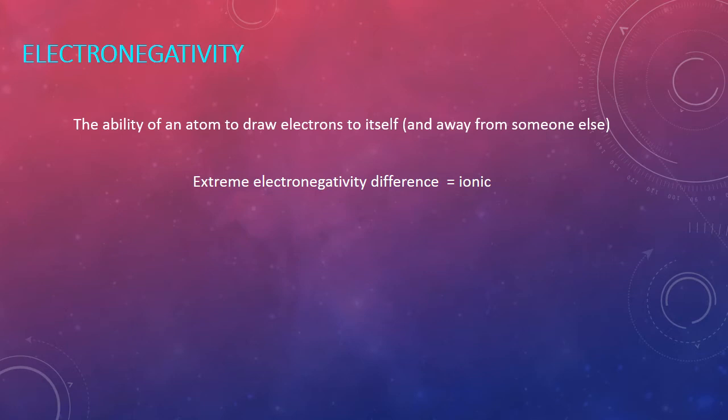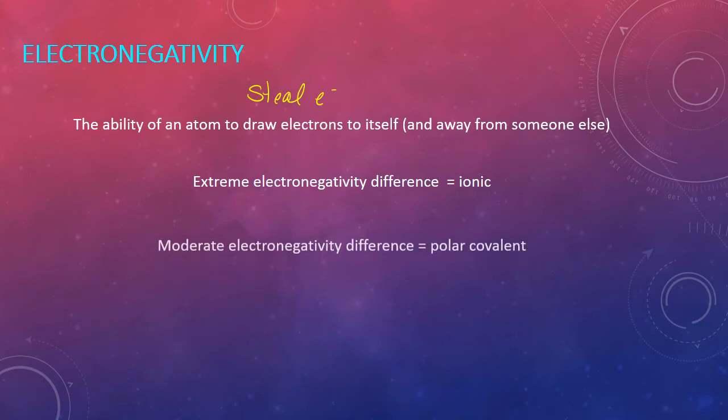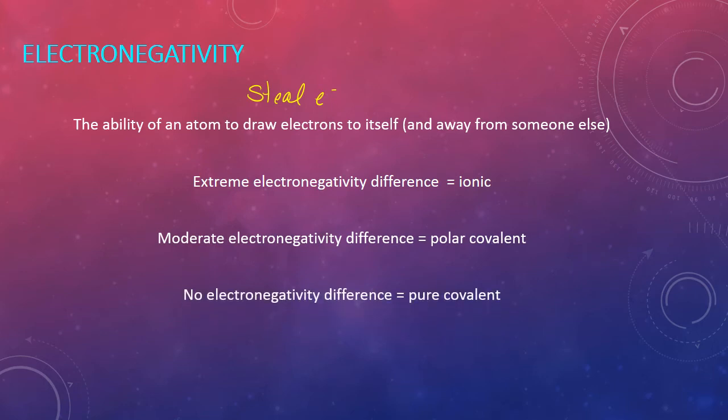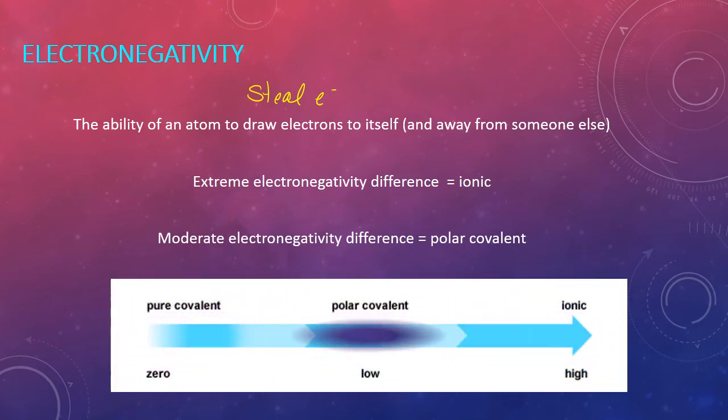So it's basically the ability to steal electrons. If you have an extreme difference, it's ionic. Moderate, we consider you polar, and no electronegativity difference, well, I've got pure covalent there. I prefer nonpolar. I've seen it both ways, but I do prefer nonpolar covalent.